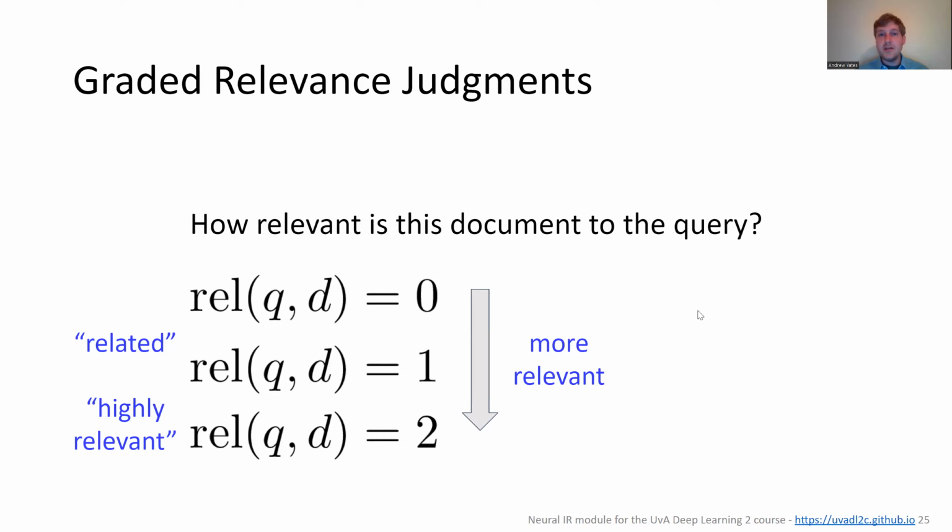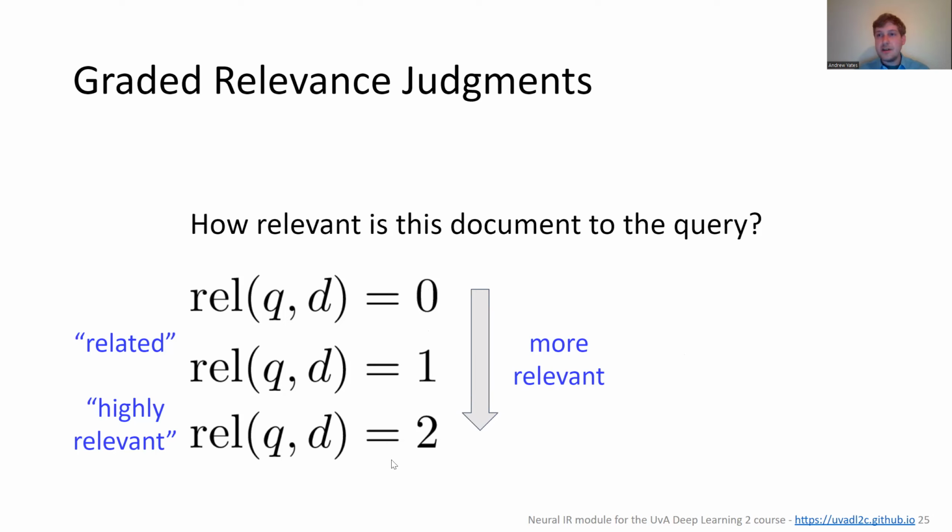In the previous slides, the way we know a document is relevant is through a relevance judgment, so someone has judged that document specifically for the query. These metrics have been looking at those judgments as binary, but this can also be graded. For example, 0 could be non-relevant, 1 could be maybe related, and 2 could be highly relevant.